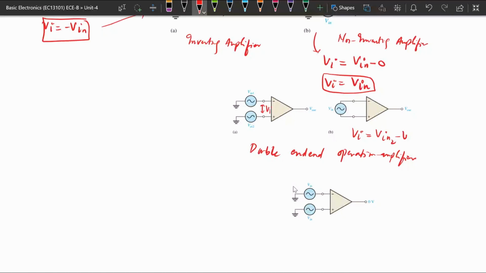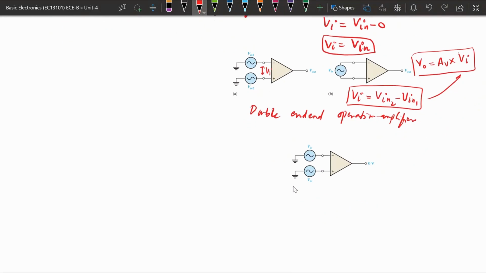Based on that, the output will be the gain multiplied by the V input, that is the difference of these two. So this is the case of double ended.